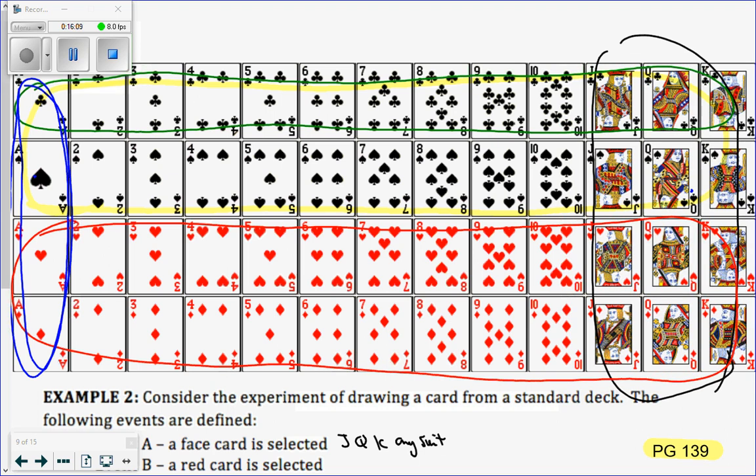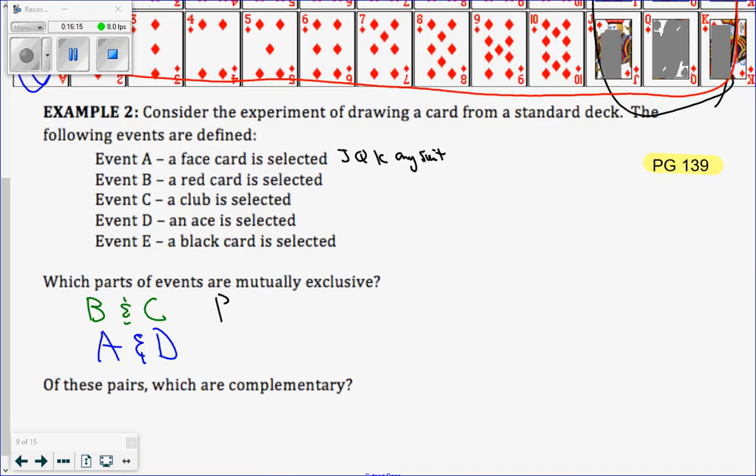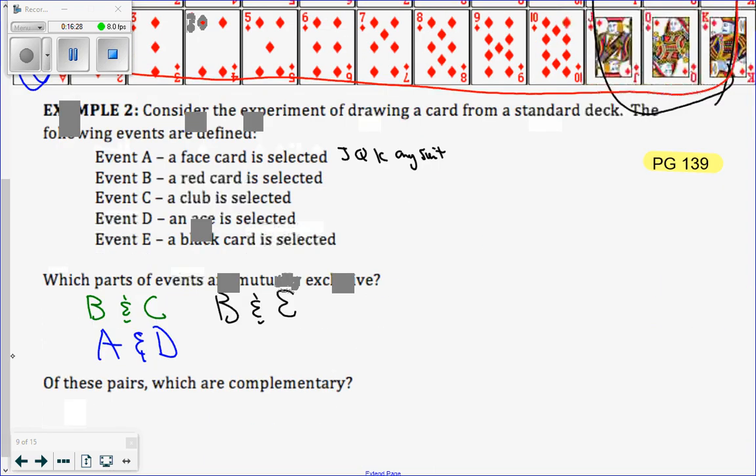Does black overlap red? No. So that is event B and event E. Does this one overlap the green? Yes. Does this one overlap the blue? Yes. So those are my mutually exclusive. Now, if you know another way of doing that, go for it. I'm a visual person. Even if it's messy and cumbersome, I almost always need the picture to make it make sense in my brain.